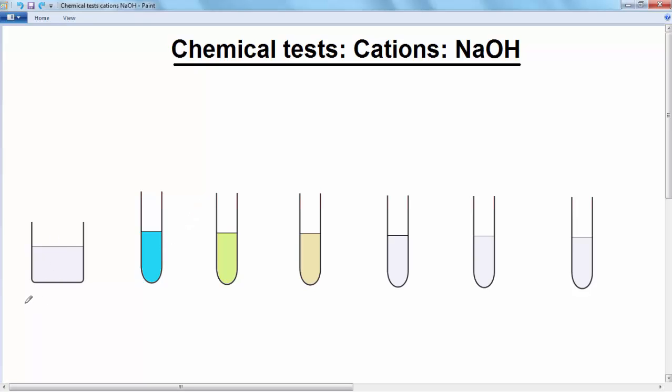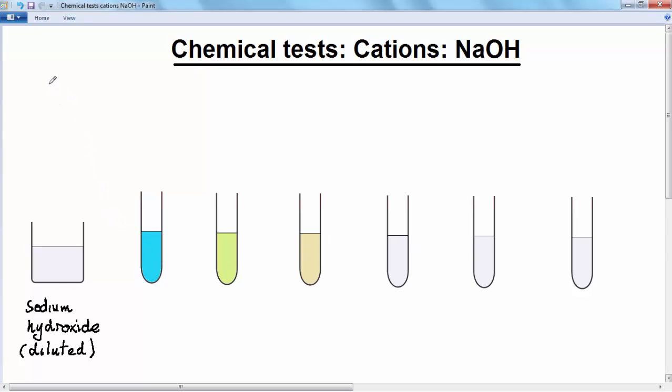So we've got a dilute solution of sodium hydroxide here. Let's write there, dilute. And the general equation that's going to occur when we add the solution to each of these various metal salt solutions is the following.